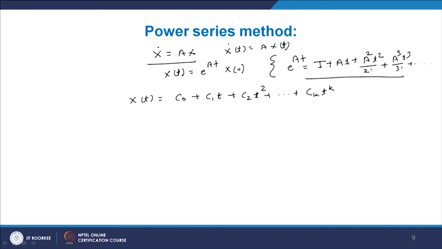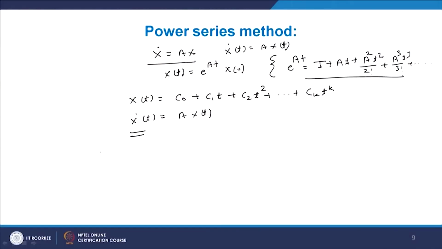Now we are concerned with x dot t, so x dot t equals A into x of t. Now if you see x dot t, differentiate these equations. If you differentiate, the term C0 will not be present, so terms of C1, C2 up to Ck will be present.